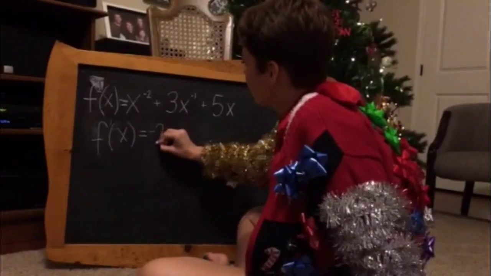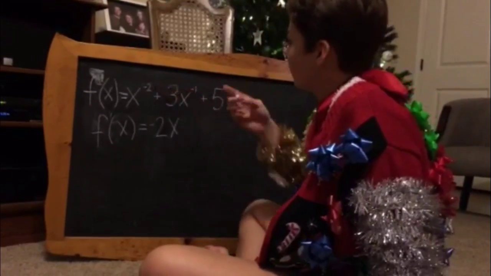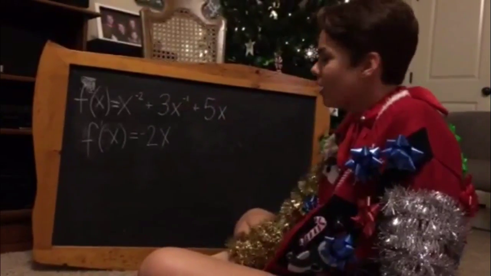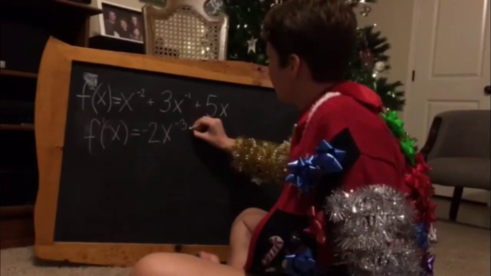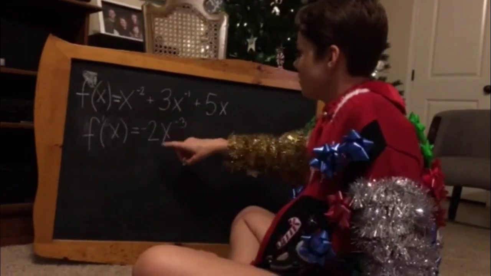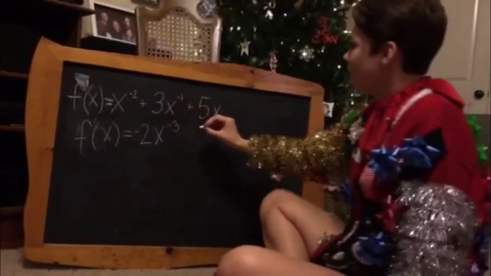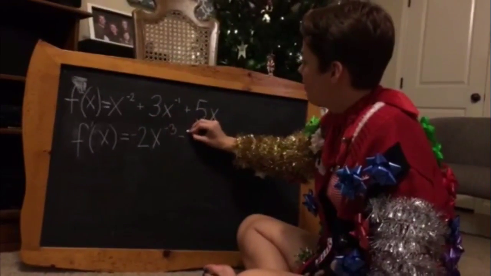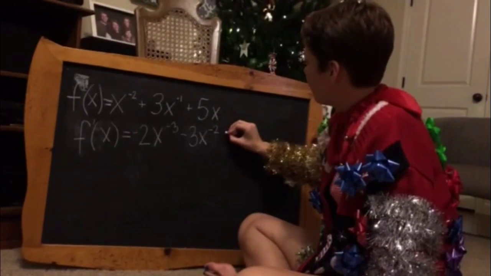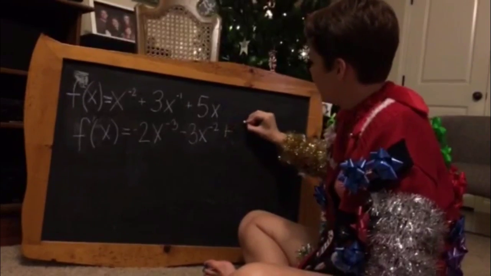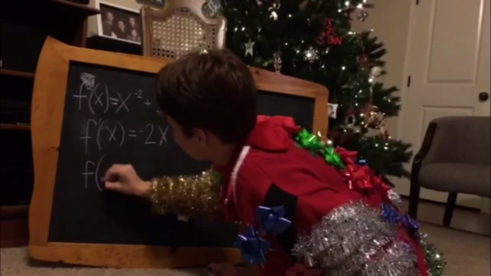So we have negative 2x, and then you just subtract 1 from the original exponent like we were doing before. So that's negative 2x to the negative third, and then we have negative 3x to the negative 2, and then we have plus 5.